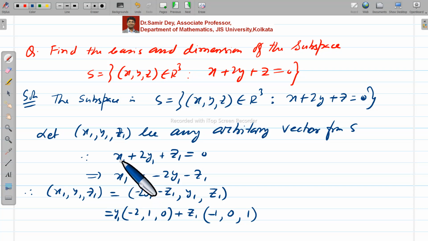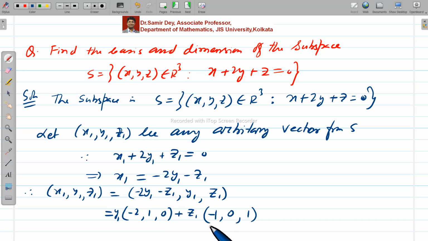So first, from the relation we are eliminating x1, that is -2y1 minus z1. So x1, y1, z1 you may write as -2y1 minus z1, then the rest of the part y1, z1 same. From here the coefficient of y1 is -2, then 1 and 0. Then z1 gives -1, 0, 1.